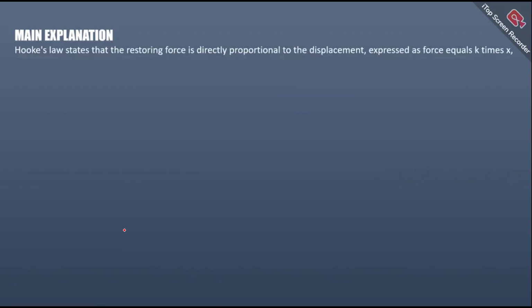Now it's given by what? So what we are saying is this: force is directly proportional to what? To the extension, the change in length. When I remove the proportionality, I'm going to have a constant.